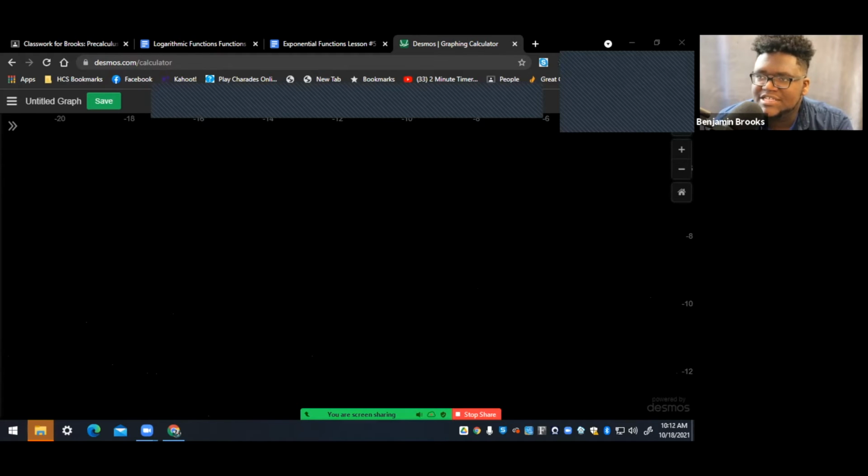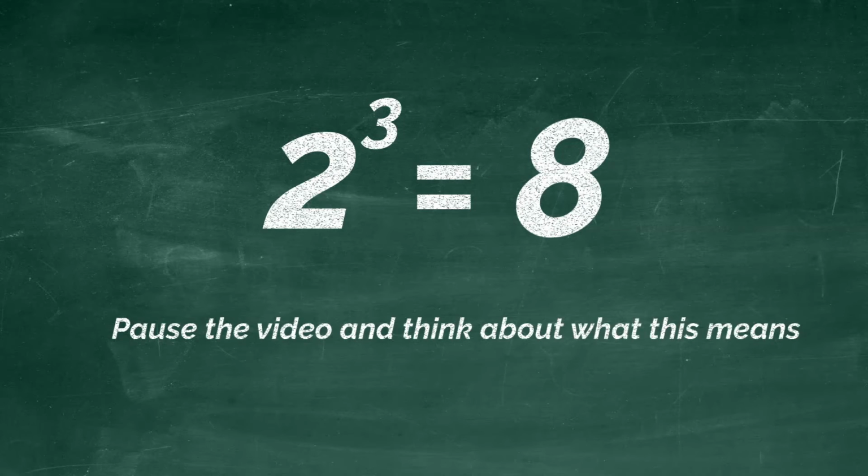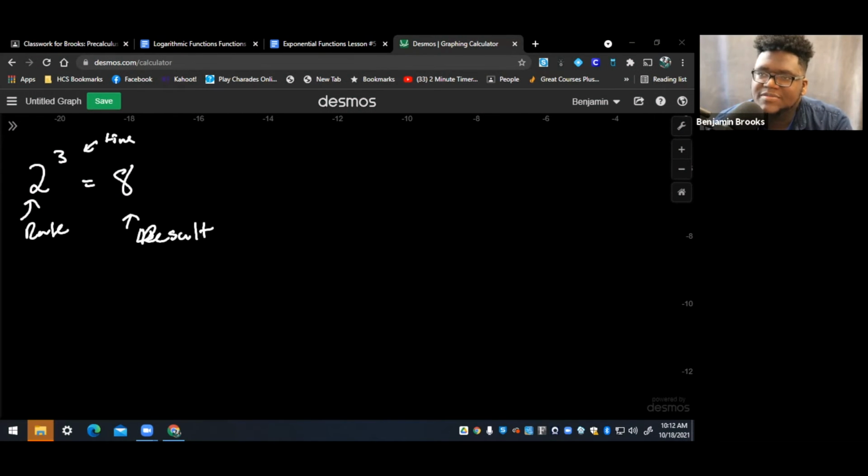So here's what I want you guys to write down. 2 cubed equals 8. We've got 2 to the third is equal to 8. In terms of rate, result, and time, what does this mean? Well, logarithms say, I don't like the way this is set up.